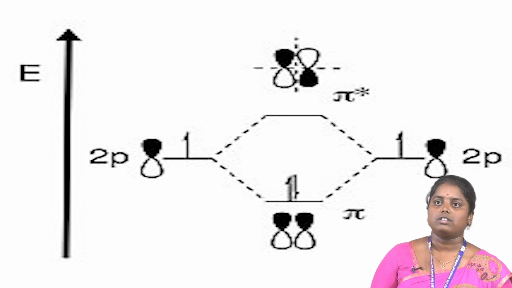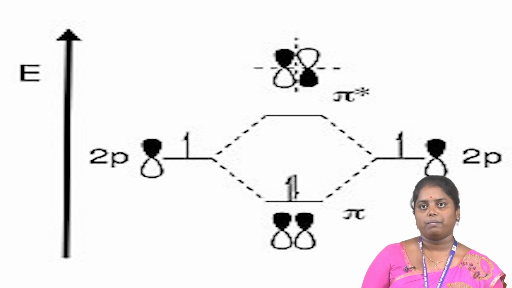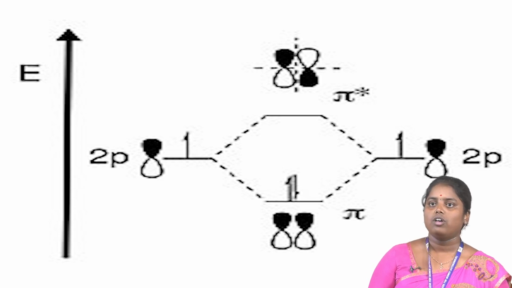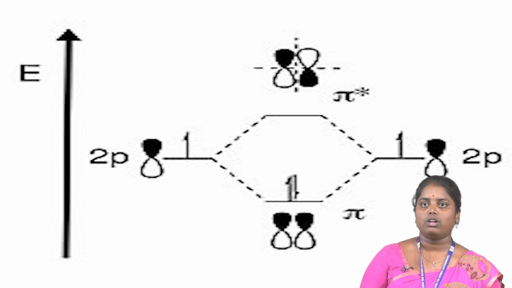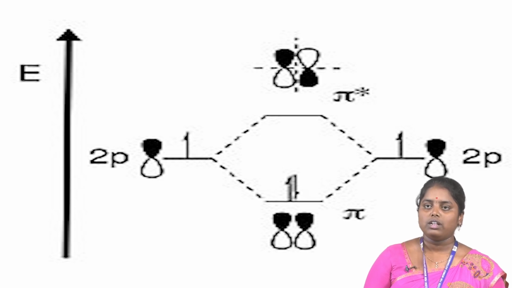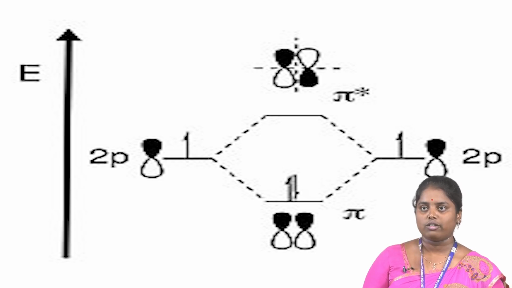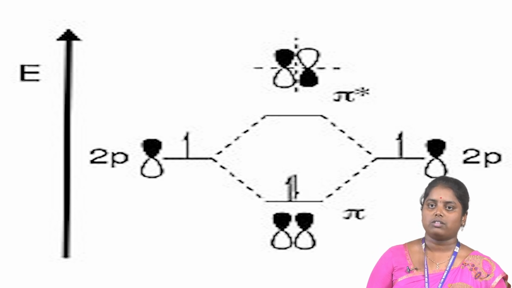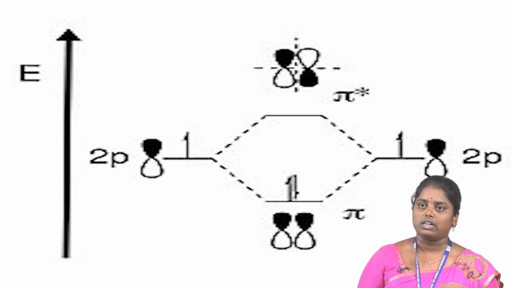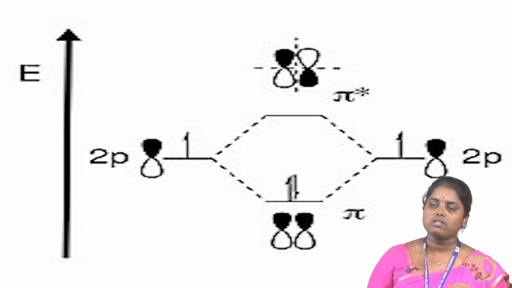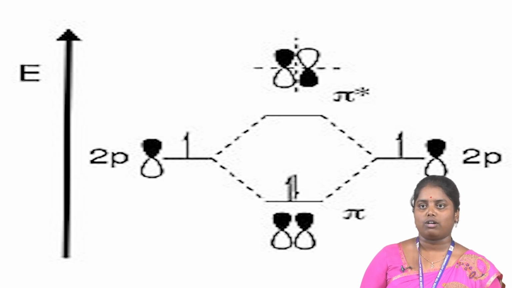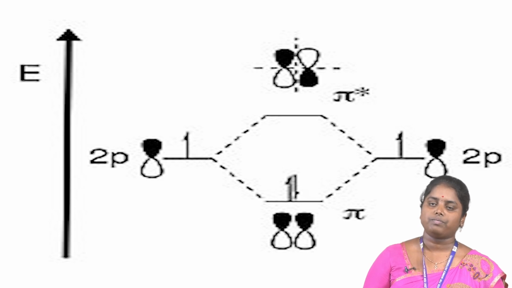The first type is the bonding molecular orbital. The molecular orbitals formed by the additive effect of the atomic orbitals are called bonding molecular orbitals. The probability of finding the electrons is more in the case of bonding molecular orbitals. These are formed by the combination of positive with positive and negative with negative parts of the electron waves.